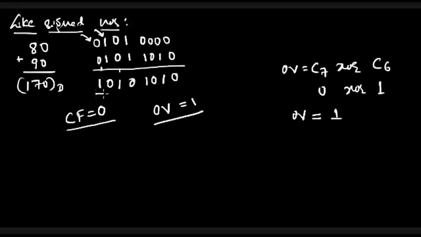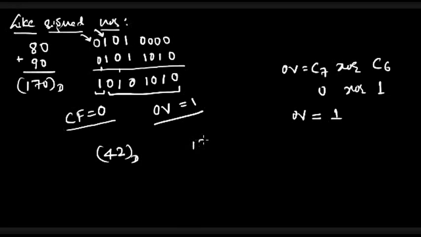If we leave this signed bit and calculate the magnitude of this, we will get a result of 42 in decimal. So what it tries to convey is the result is exceeding 128 by an amount of 42.